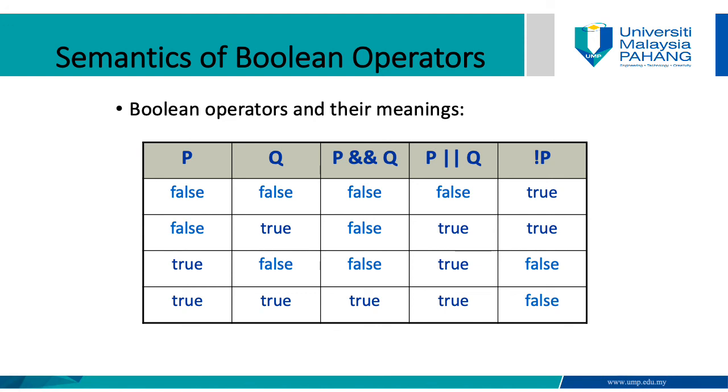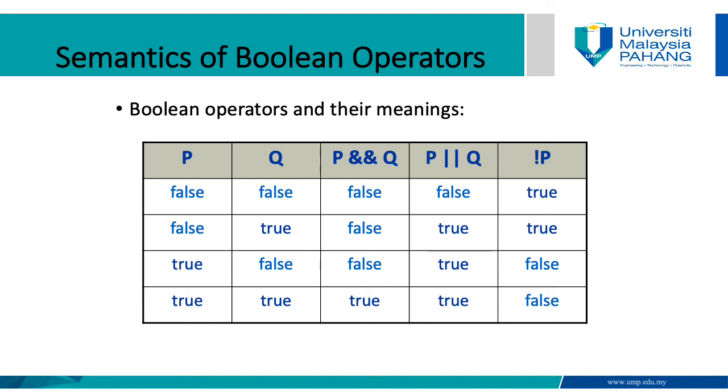The first two columns, P and Q, are the actual values. P is false, Q is false. P and Q, because P and Q are both false, will also be false. P or Q will be false. Not P, remember the exclamation mark is not P. What is P here? P is false, so not P is true.